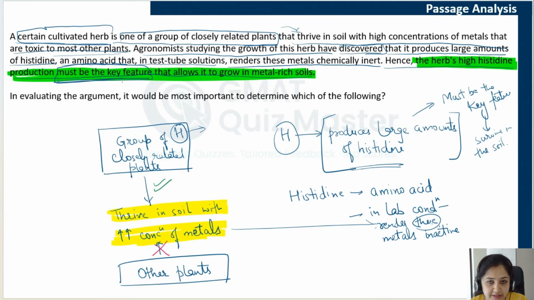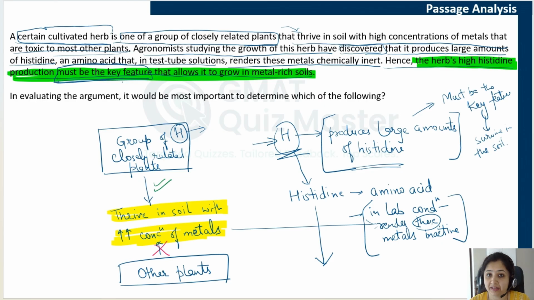So, what is the passage logic here? The passage logic here is that this herb has been found to produce large quantities of histidine, and we know that in lab conditions, histidine can render the metals chemically inert, and that is why we have arrived at the conclusion that this histidine production is the main reason why this plant can survive in that kind of soil.